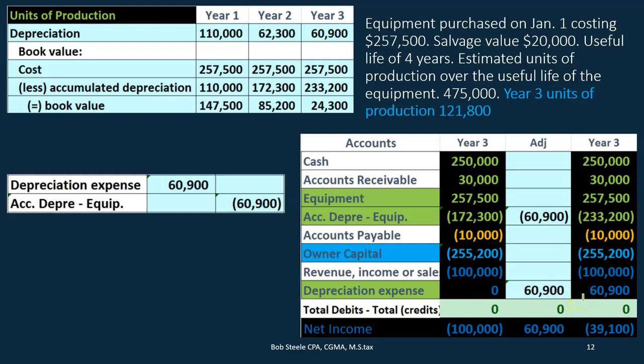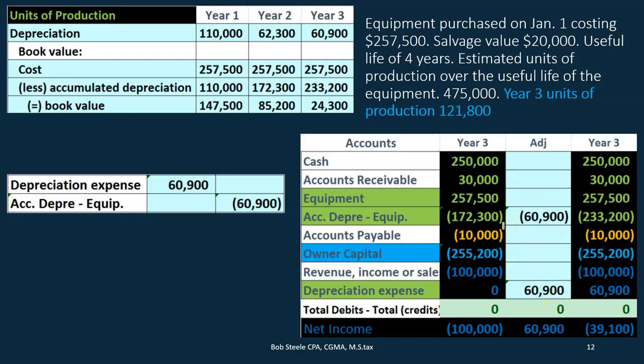What does that do to net income? It brings the 100,000 down to 39,100. Once again, this is income, not a loss. The brackets represent a credit, not a negative number. So revenue is beating expenses by 39,100. What happens to accumulated depreciation?